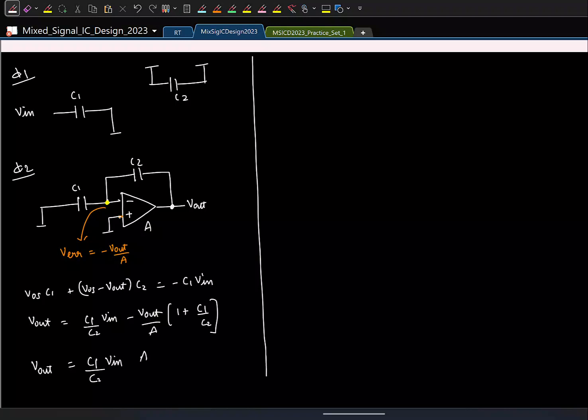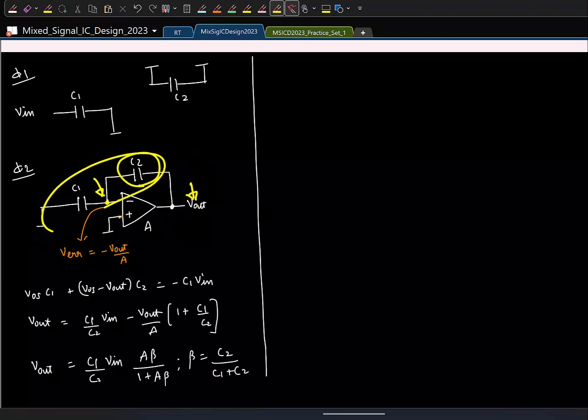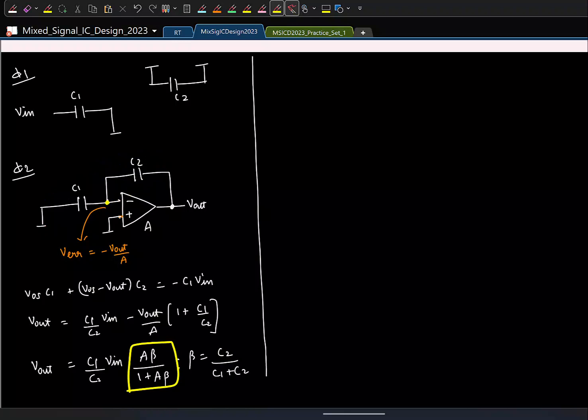Hopefully it will look like this: A beta by 1 plus A beta, where beta is C2 by C1 plus C2. Beta is basically the feedback factor from V out to this node, and here you see a capacitive division. So if this is V out, this voltage will be capacitive division, which is C2 by C1 plus C2. Okay, and this should also make sense. It's a negative feedback, so you see the same A beta by 1 plus A beta term.